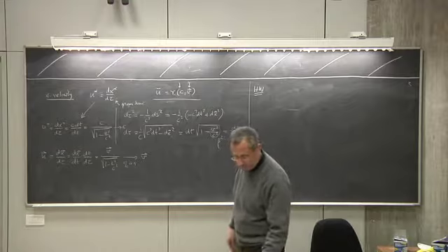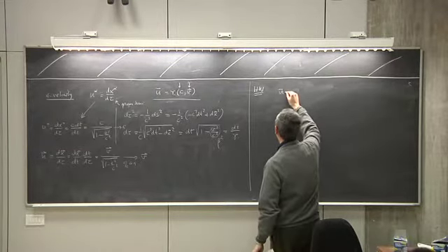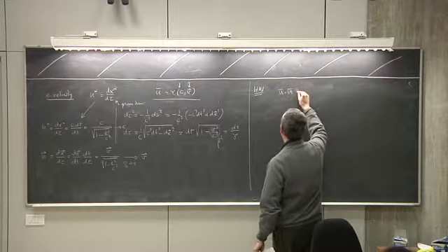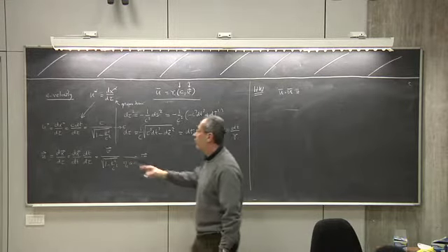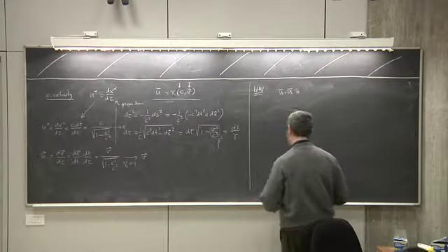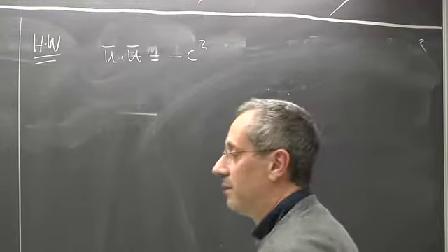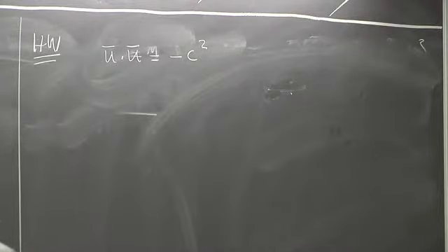I mean, you have to use the same method. I'm saying this because the first exercise is: verify that the scalar product of the four velocity with itself, the square of the four velocity, is equal to minus c squared with this metric, of course. Otherwise, it flips.